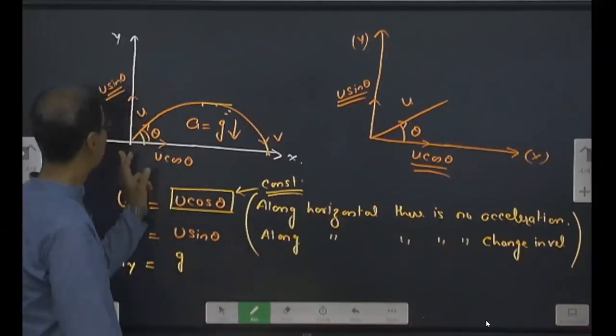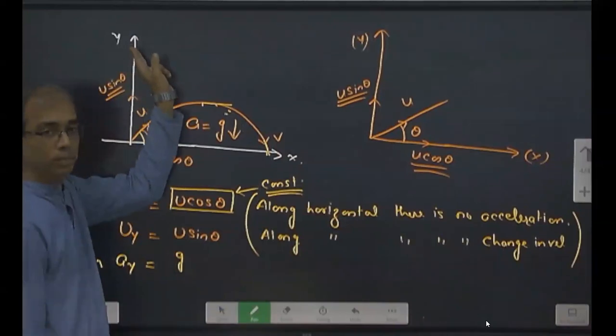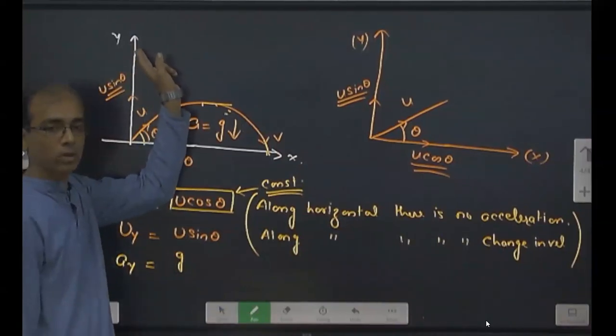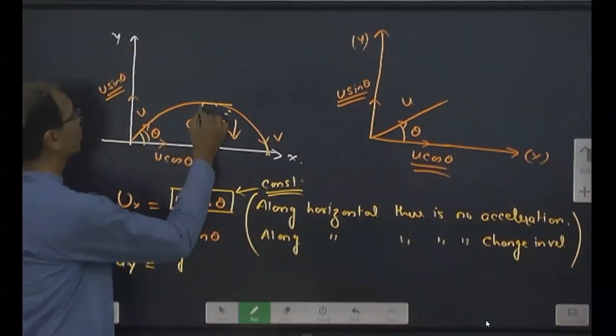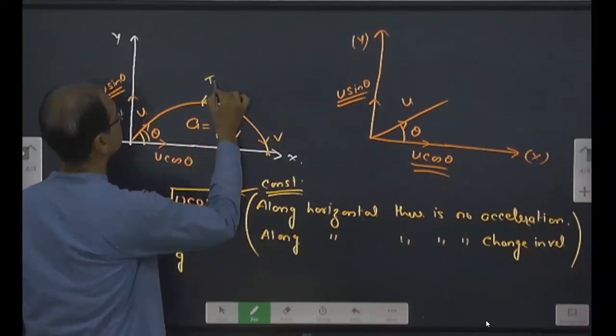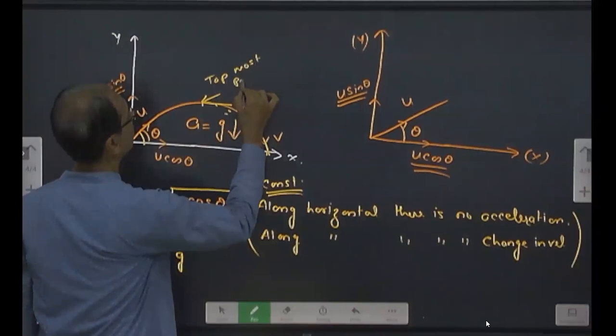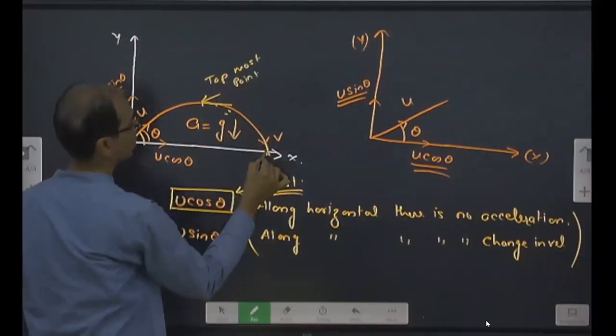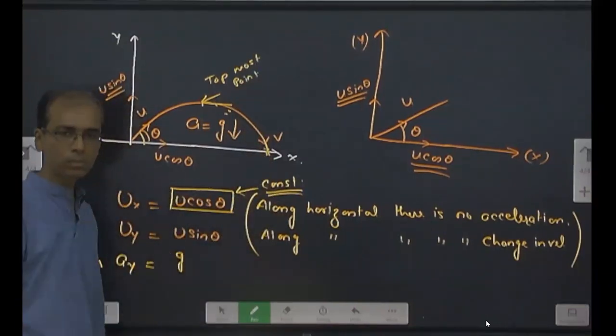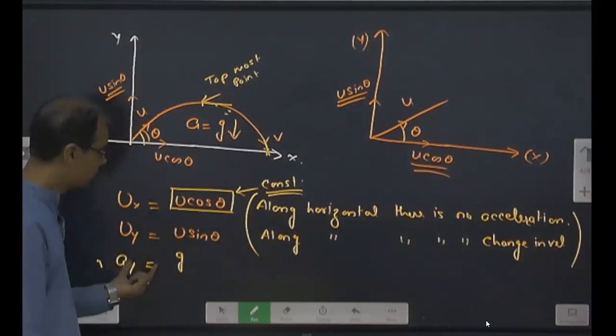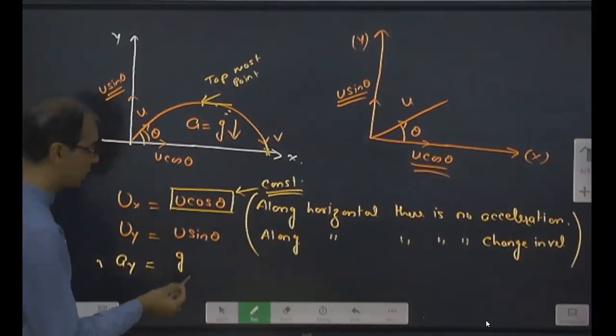In the same way, this also will go to the topmost point here, and then return back to the ground. So this velocity keeps on changing because g is there.